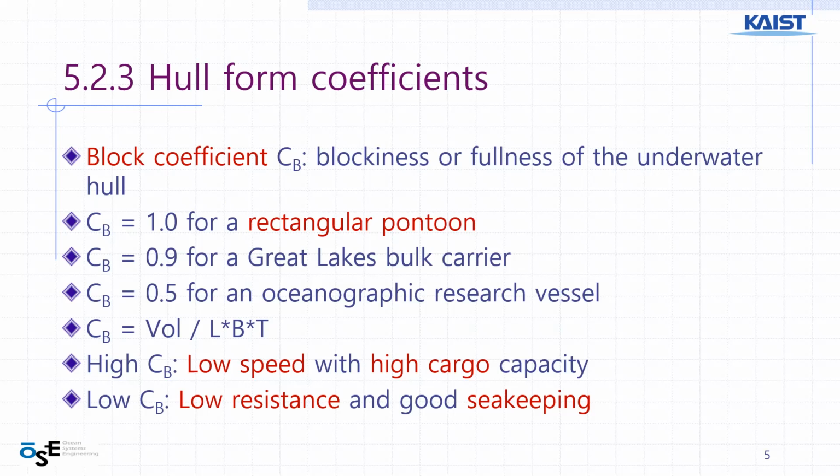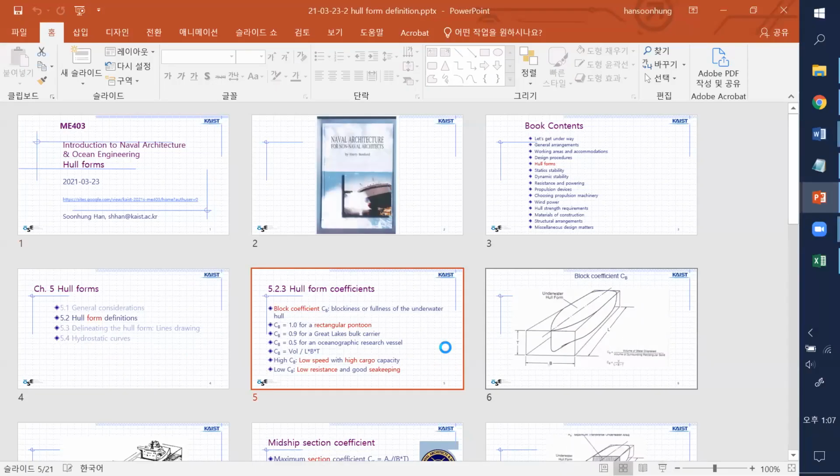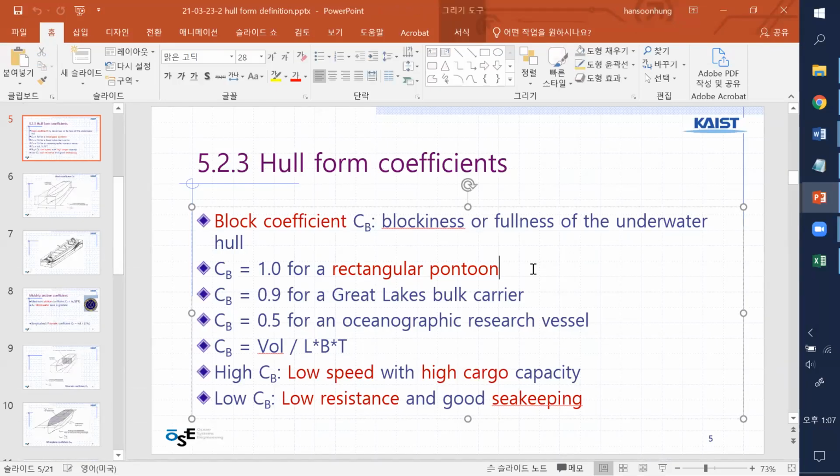CB, so for typical numbers of CB, one means a rectangular box. There is such a ship. We call that a pontoon, or there is another name called barge, B-A-R-G, barge. So let me write down this. Barge is another similar one.